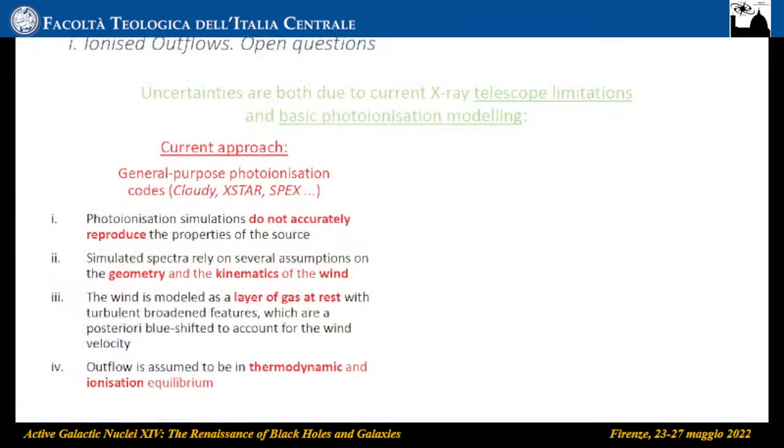And for what concerns the geometry, all these codes assume the gas to be in a spherically thin geometrical shell with the luminosity assumed as a point source at the center, which is reminiscent of X-ray stellar atmospheres, which surely is not true for such complex sources such as AGN. And moreover, also the outflow is assumed to be in thermodynamic and ionization equilibrium.